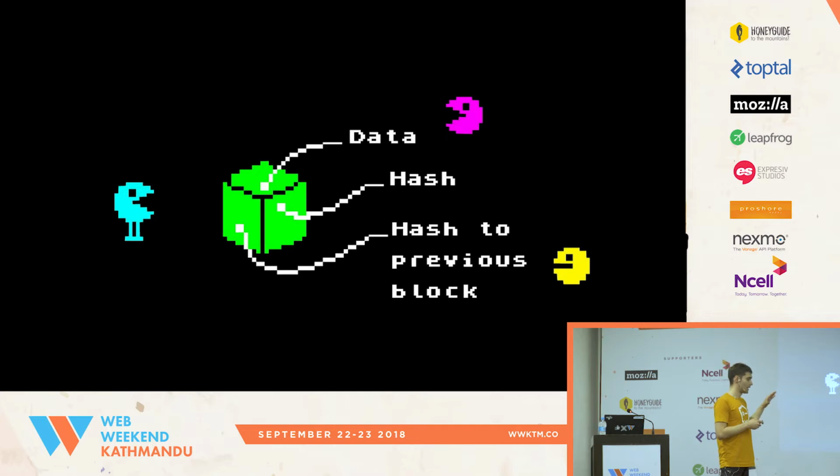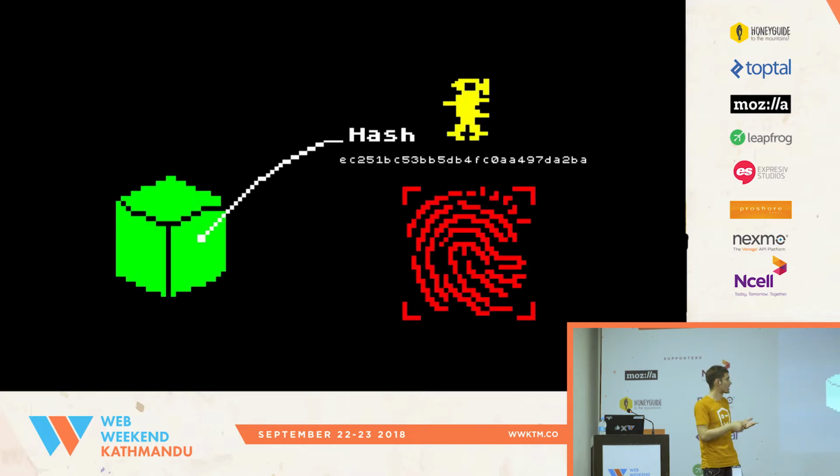So in addition to this user information, we also have data to keep the blockchain running. It is a hash of a block, and a hash of the previous block, which basically creates a chain. What is a hash? A hash is a fingerprint of a block. If you change even a bit in a block, it's going to have a different fingerprint, so a different hash.